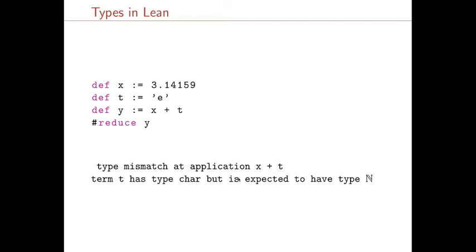The reason for this is unknown to me, and it's not important for this example. What happens is that Lean looks at this plus here and refuses to add the character e to something because it is expecting a natural number instead of a character.